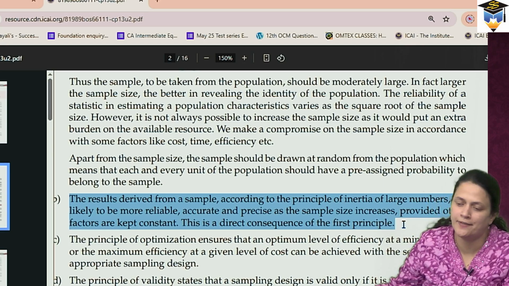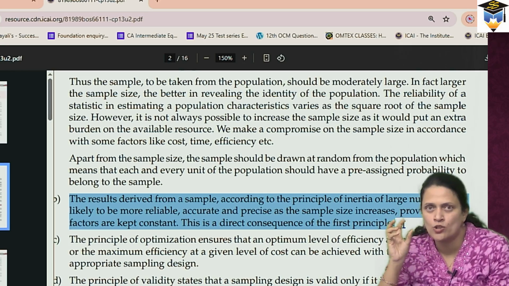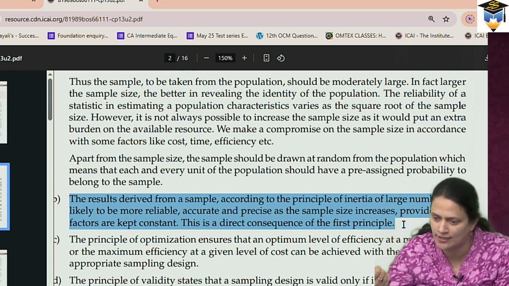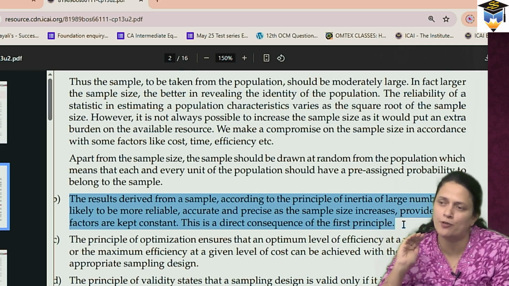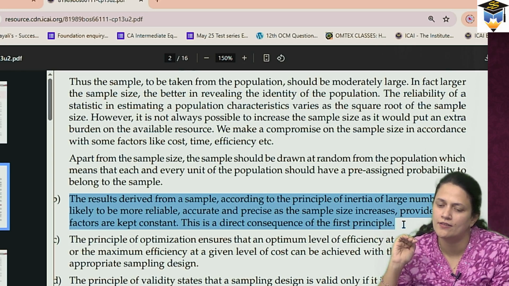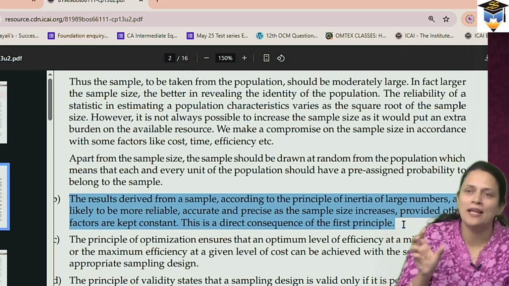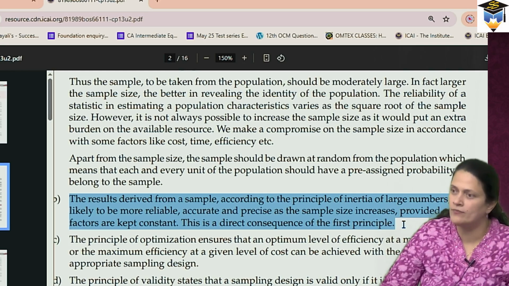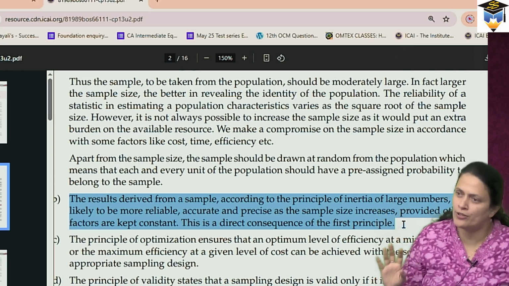So what does it state? The sampling will be more reliable, accurate and precise as the sample size increases, provided all other factors are kept constant. Which are the other factors which are kept constant? Suppose I take one sample, the total number of males will remain the same, females will remain the same, okay? But when the sample size is increased, all these factors are going to remain the same.